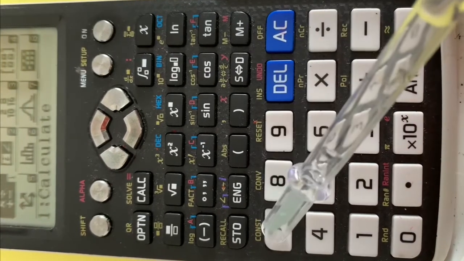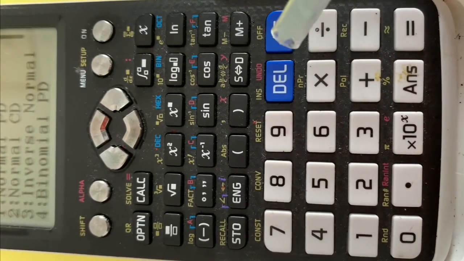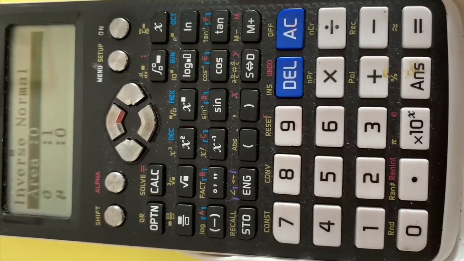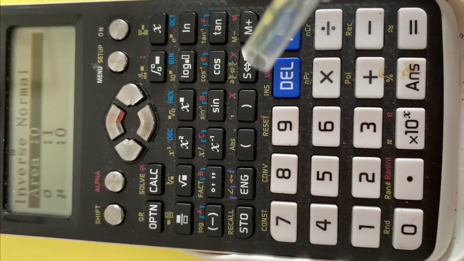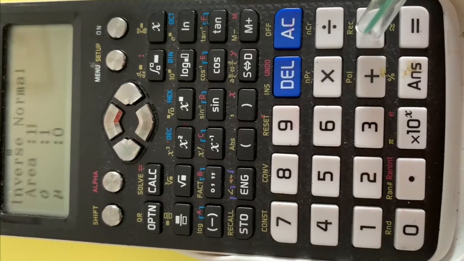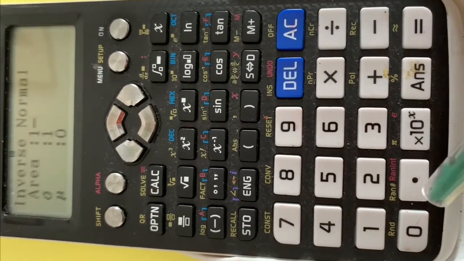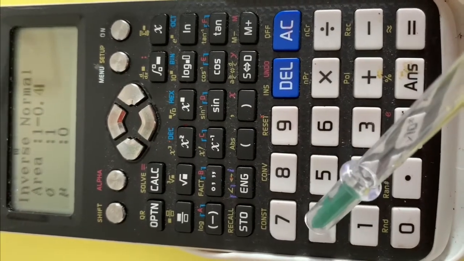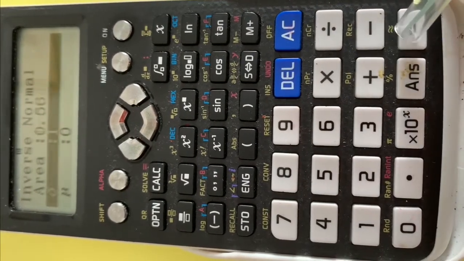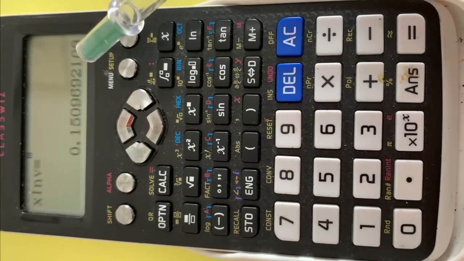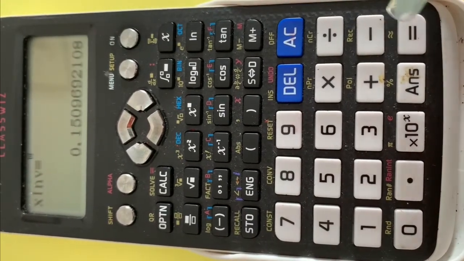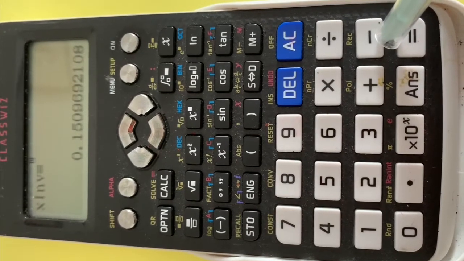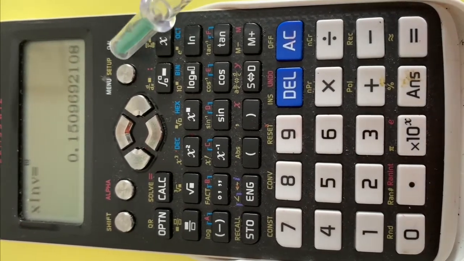Okay, now I key in 1 minus the area 0.4400. I want to know if I key in the area using 1 minus, I will get the answer, which is z-score 0.15, also the same.